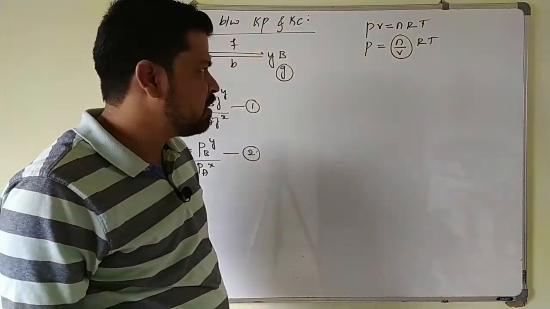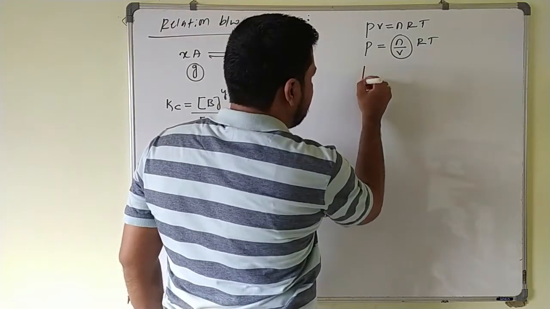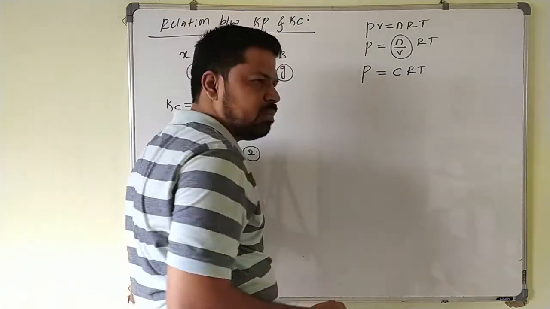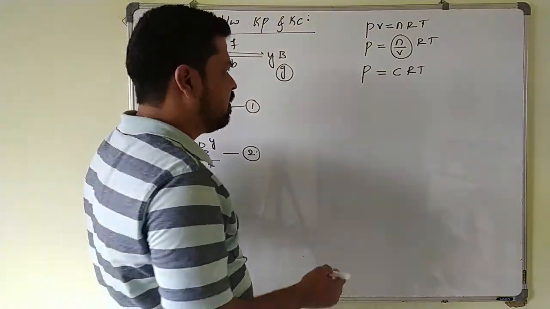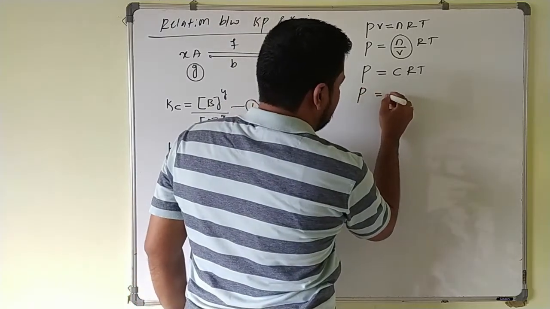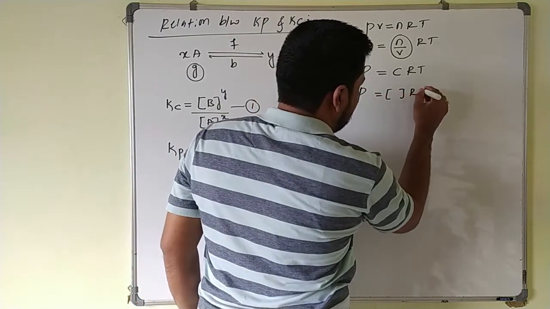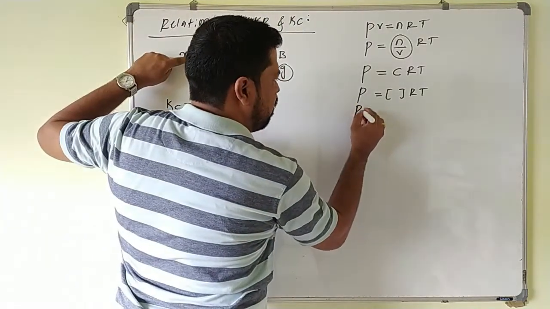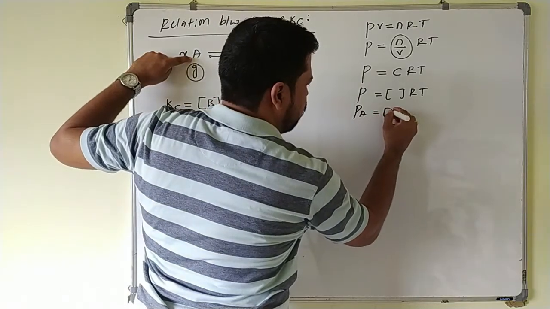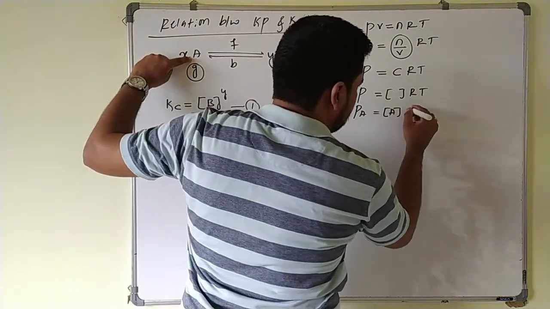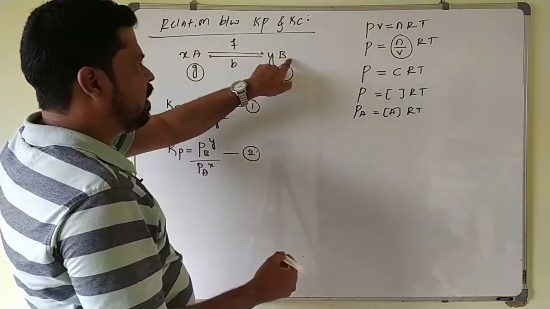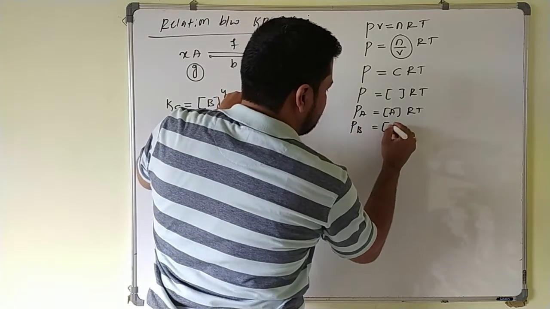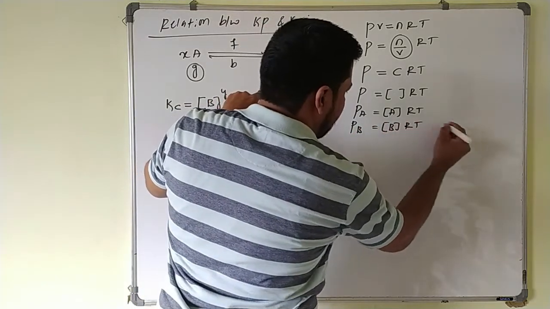Number of moles by volume is nothing but concentration, so P equals CRT, where C is the concentration, the active mass of the reactants. So for reactant A, partial pressure of A equals molar concentration of A into RT. For product B, partial pressure of B equals molar concentration of B into RT.